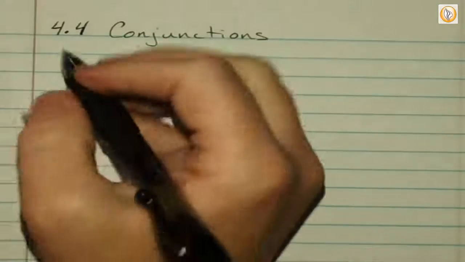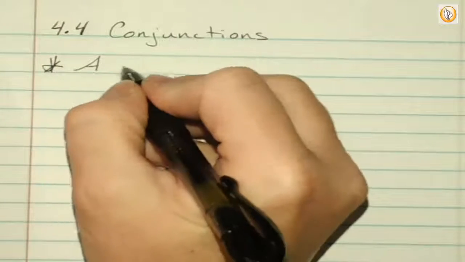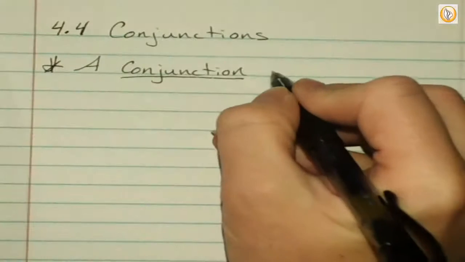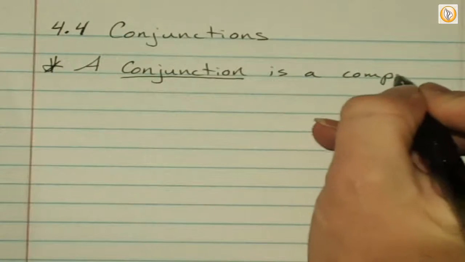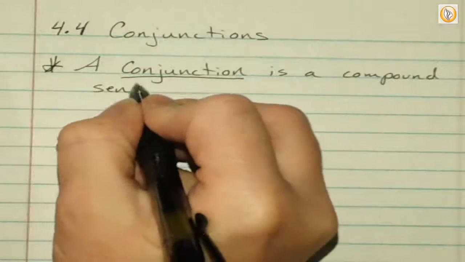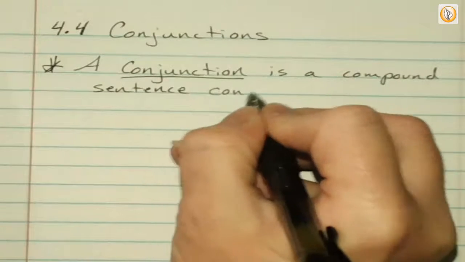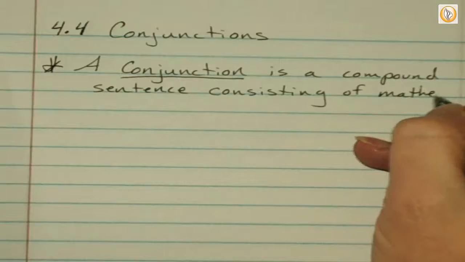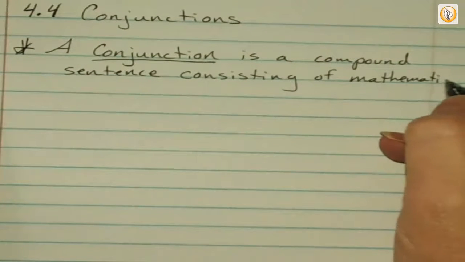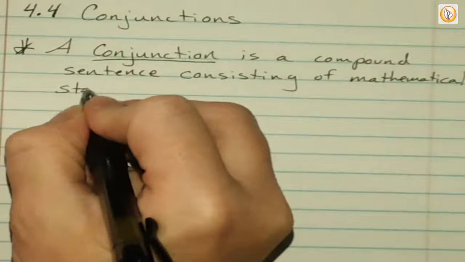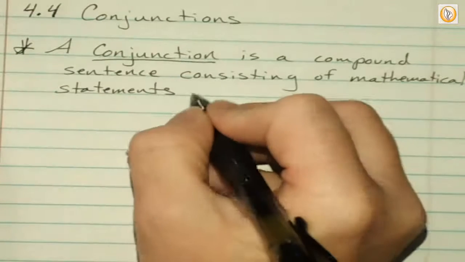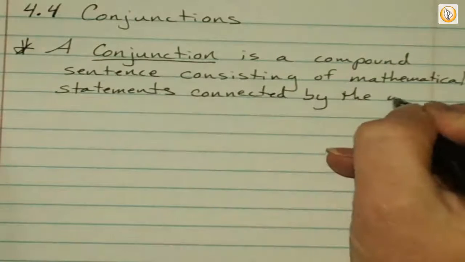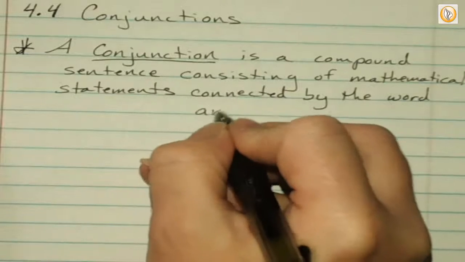Okay. When it comes to math, a conjunction is a compound sentence consisting of mathematical statements connected by the word and.